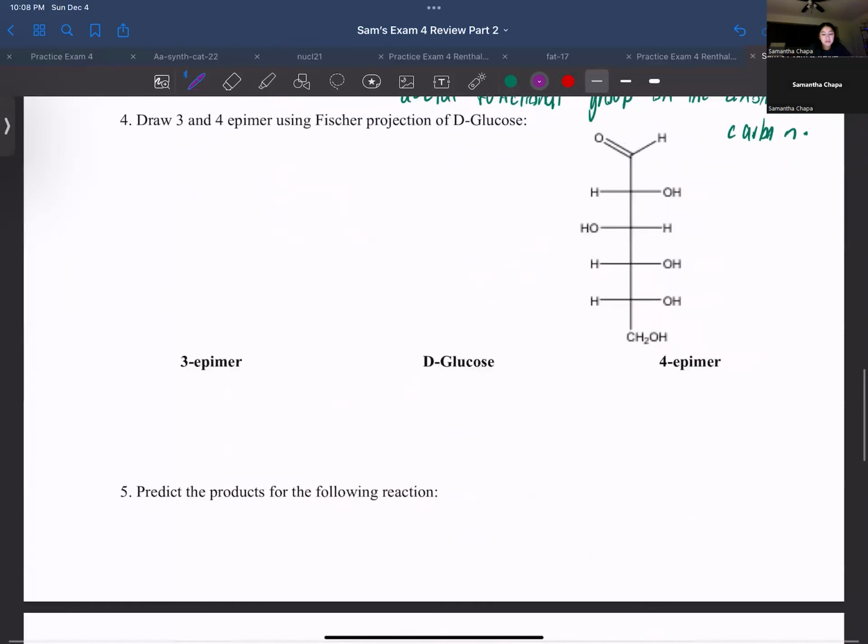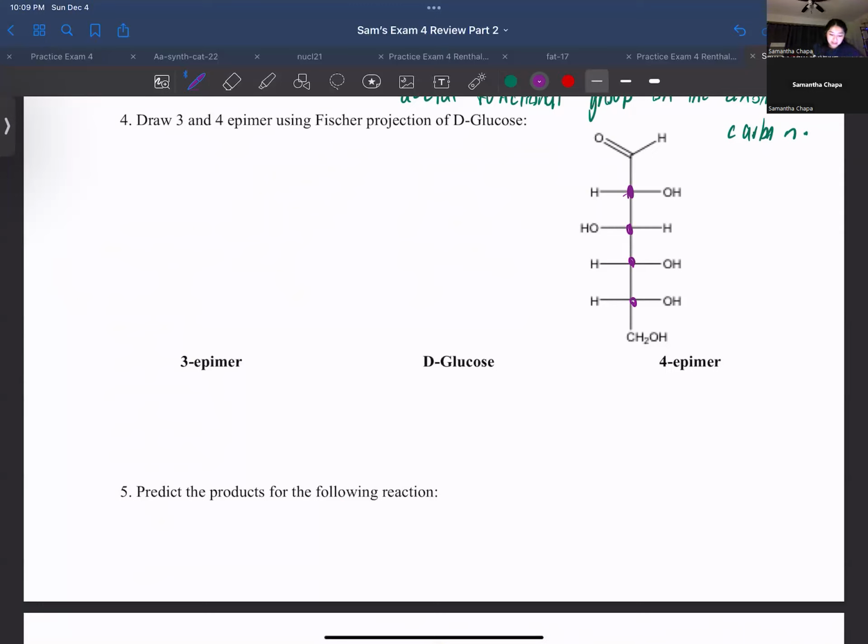These epimer ones are really easy. Epimers are just diastereomers, but instead of having 2 stereogenic centers change in configuration out of the 4, only 1 can change. So we have a total of 1, 2, 3, 4 stereogenic centers. For it to be an epimer, only 1 of these can change.